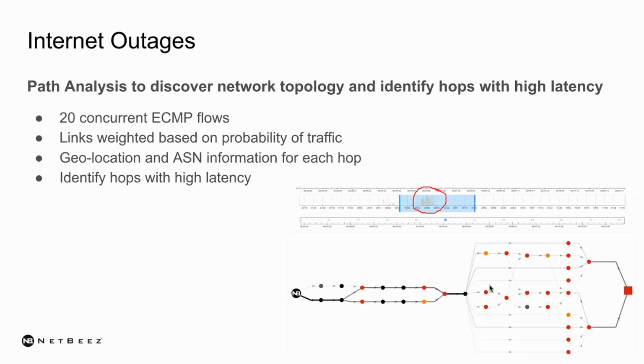We looked at the path analysis results, and what we noticed is that at the same time, when his traffic is leaving his home, all the routes after that are in red.